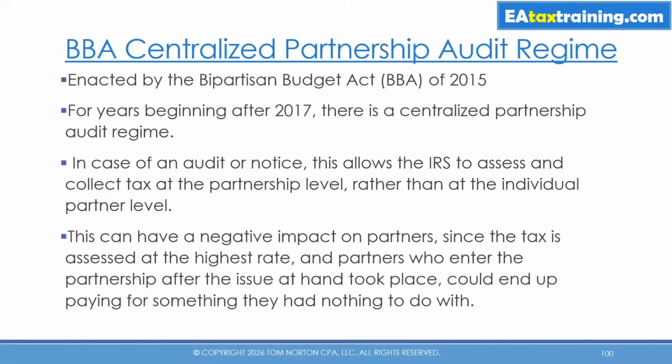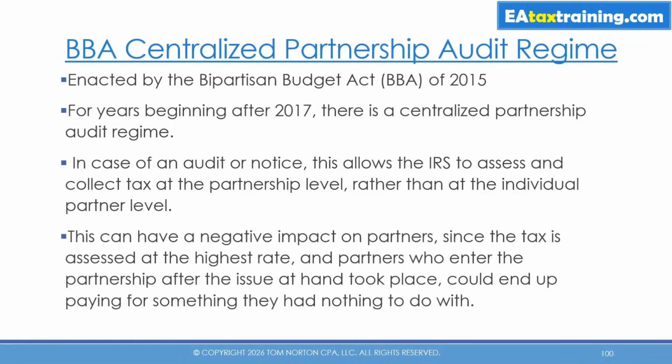What they had to do before was, maybe the partnership has thousands of partners, they had to send a notice to each partner saying, you owe this much money. So if you are a 0.1% partner of this partnership, you owe 0.1% of the total amount assessed in the audit. So the administrative burden on the IRS is quite high.